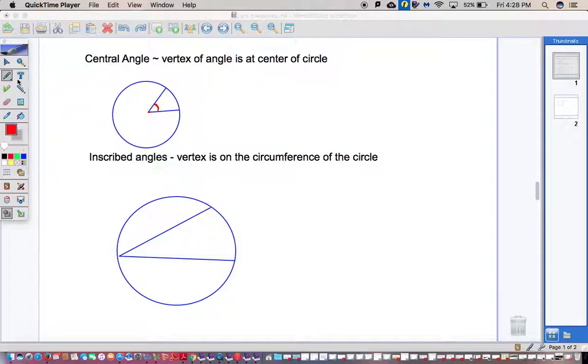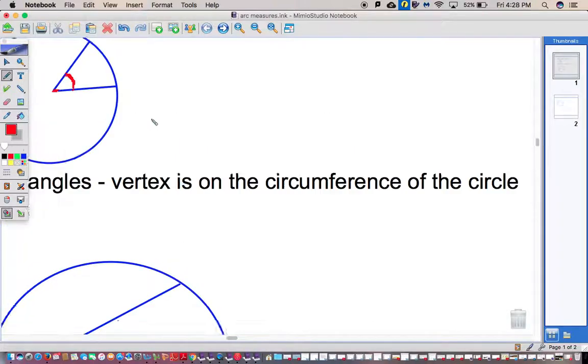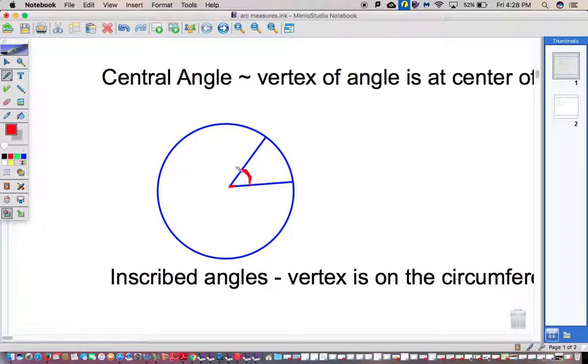So if this angle here is 20 degrees, then the measure of this arc here is also 20 degrees.